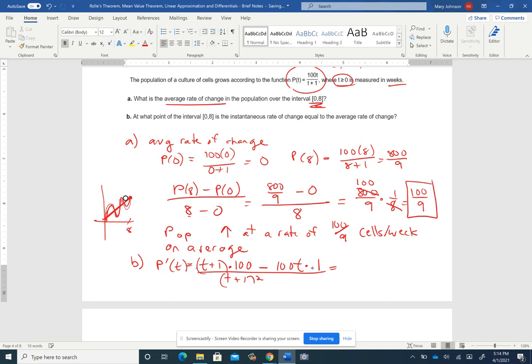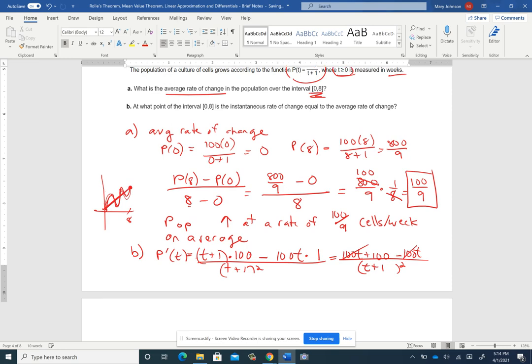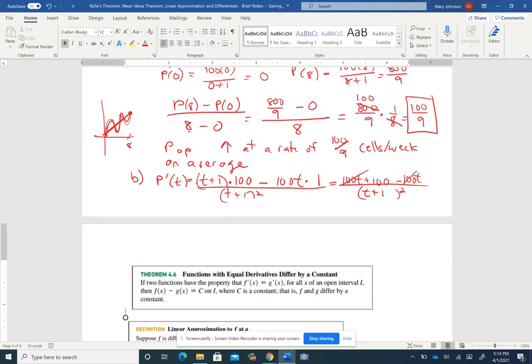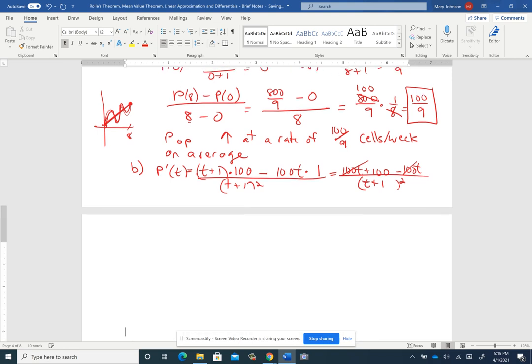That's going to be 100t plus 100 minus 100t all over t plus 1 squared. So we get 100 on top, okay.